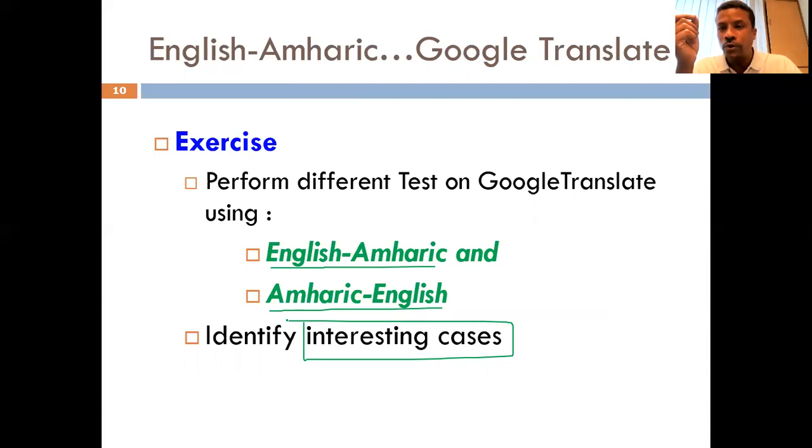Mind you, what you are going to post is only interesting cases. I don't want you to just post everything. For example, if you post this is Ethiopia and it says this is Ethiopia, that won't be interesting. I want to see interesting translations. So try to come up with translations on Google Translate and post those with interesting cases or interesting translation elements in our Telegram group. And if possible, try to explain it.